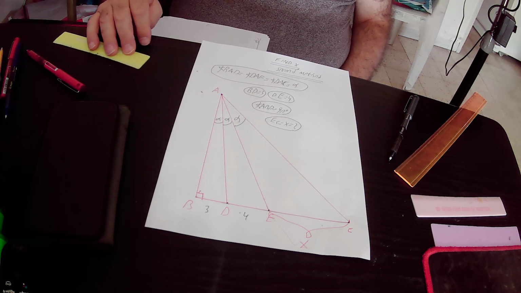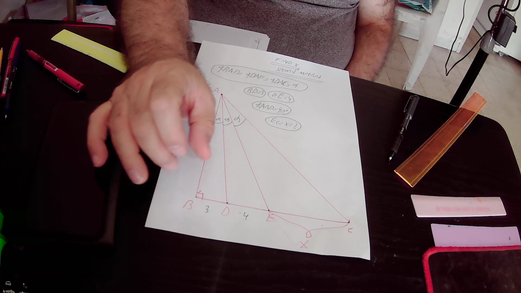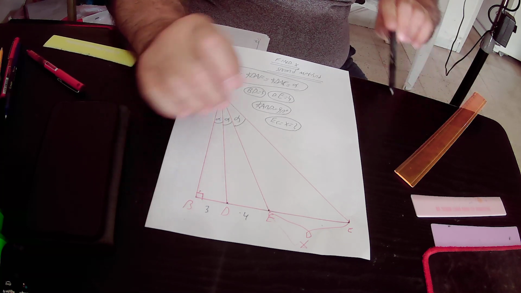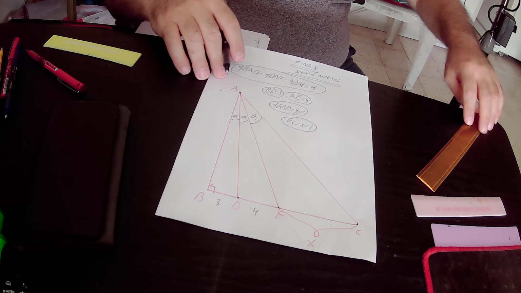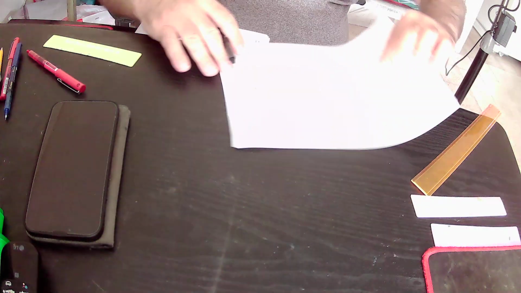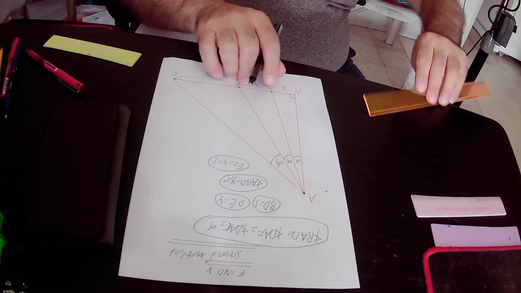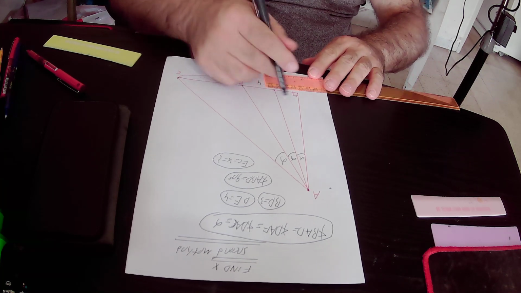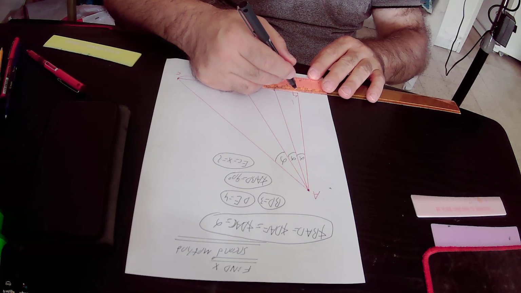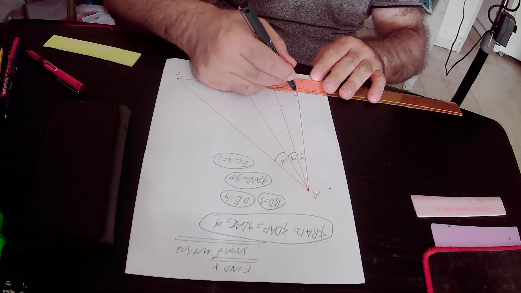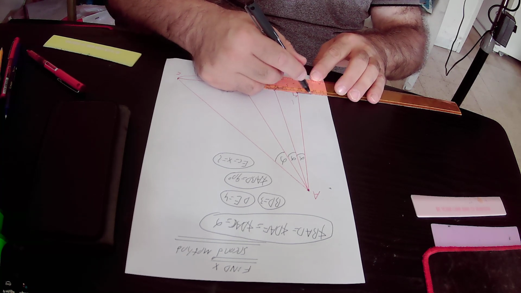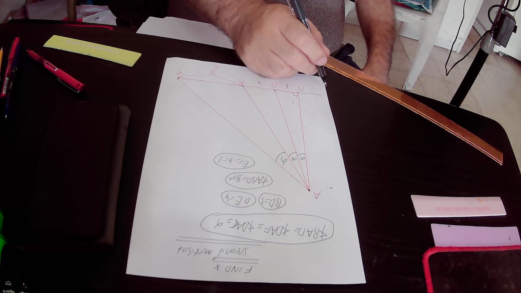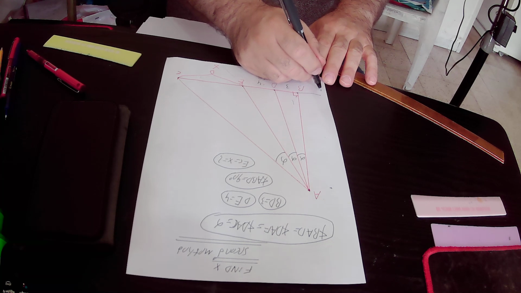We will extend side DB by 3 units, and we will define this point as point M.